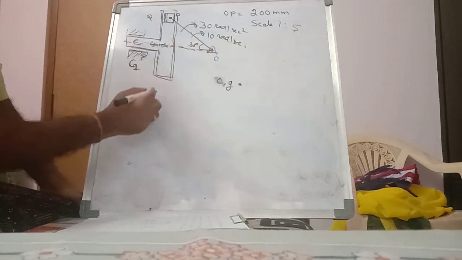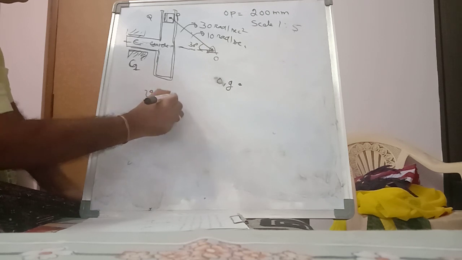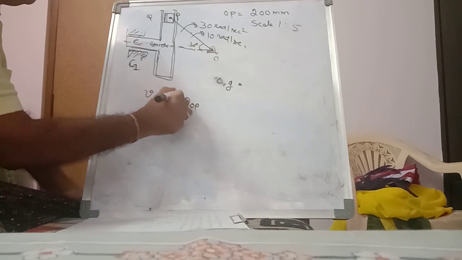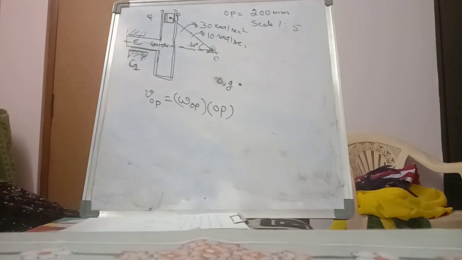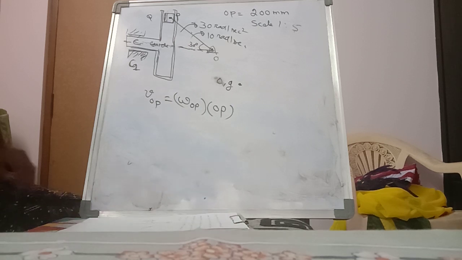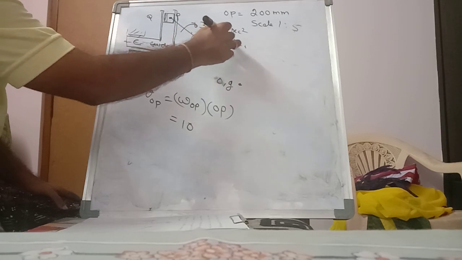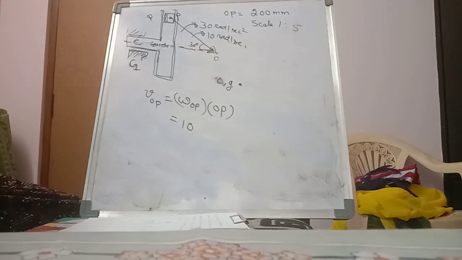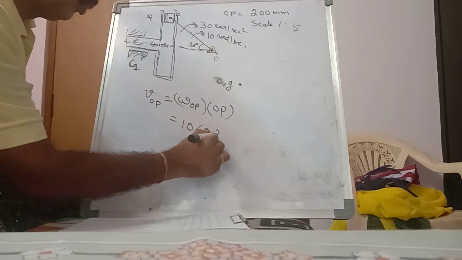In the same manner, first we will find V OP, which is nothing but omega OP into OP. What is omega OP given in the problem? The angular velocity omega OP is 10 radians per second. So 10 into, and the length of OP is 200 mm, that means 200 by 1000, 0.2 meters.